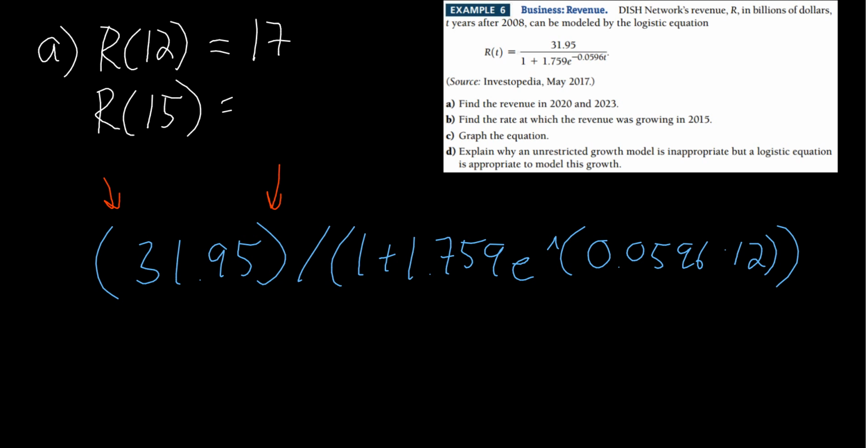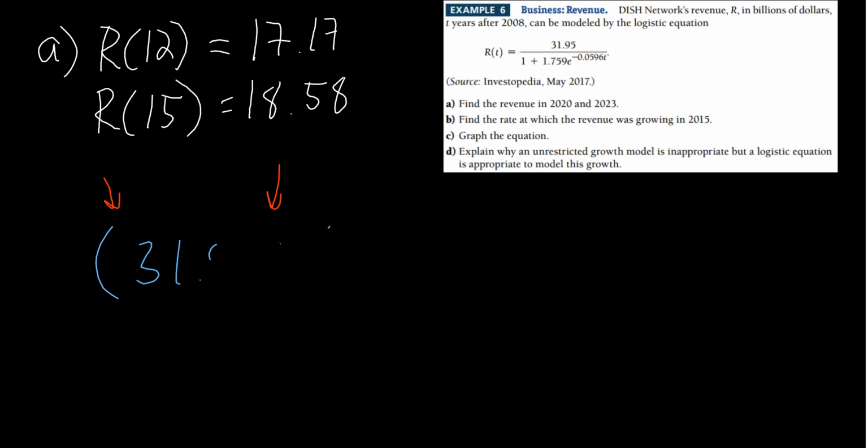So I have 17.17, and that's after 12 years, and then after 15 years, it is 18.58. So that's, again, a simple college algebra problem. I just replace the t with a 12 and 15 respectively.